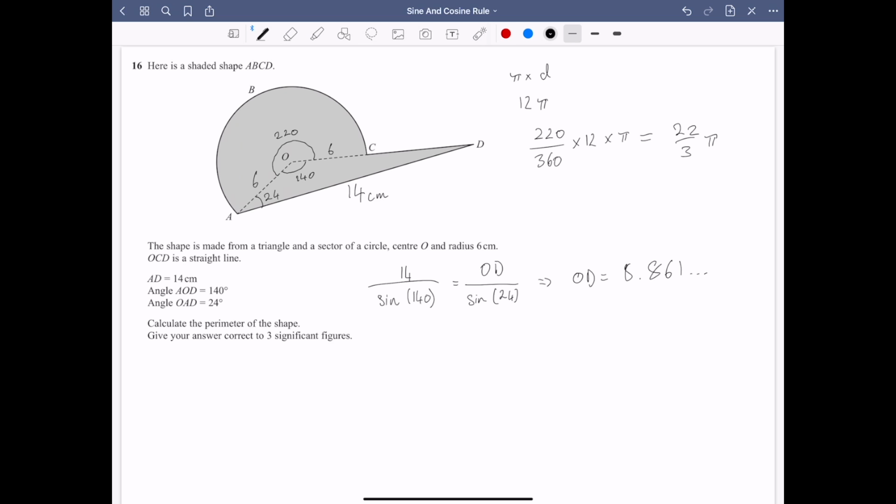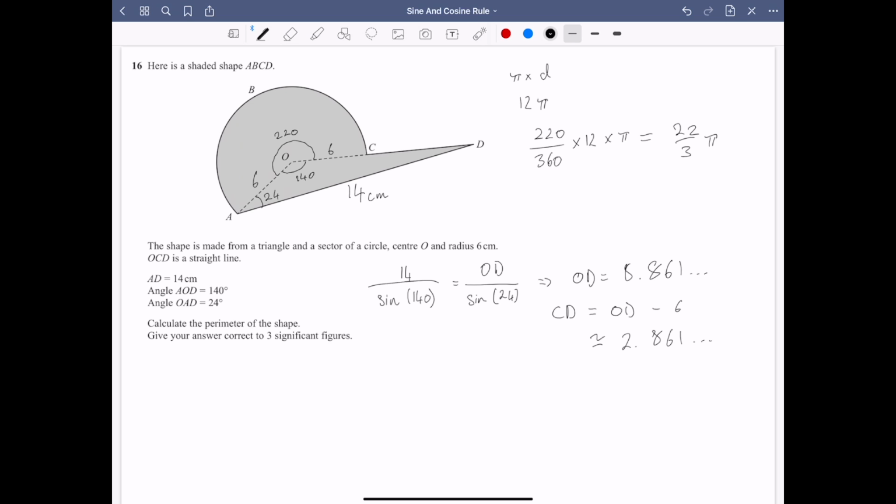But we're not interested in the whole length of this line. We just want this bit sticking out at the edge, which is the whole length minus O to C, which is the radius, so it's 6. So CD is equal to OD minus 6, which is roughly equal to 2.861.